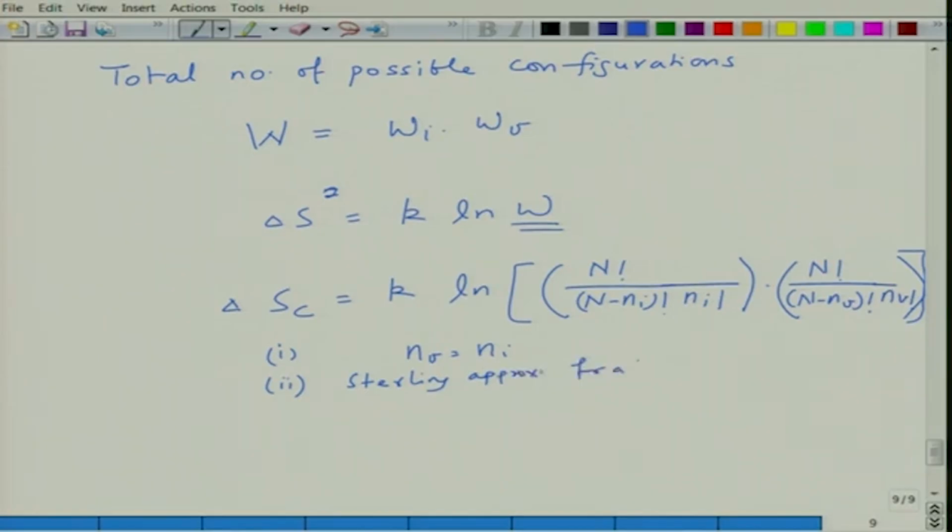for a large n, that is ln of n factorial is equal to n ln n minus n. For large numbers, we make this approximation.